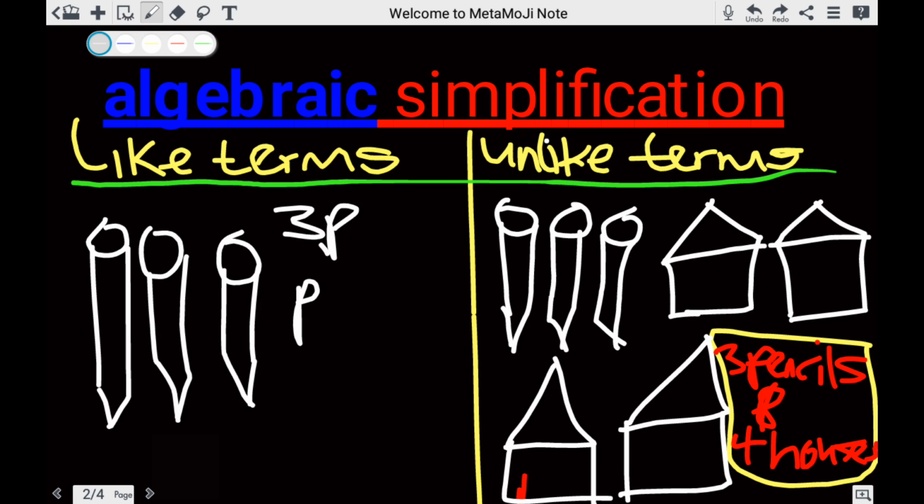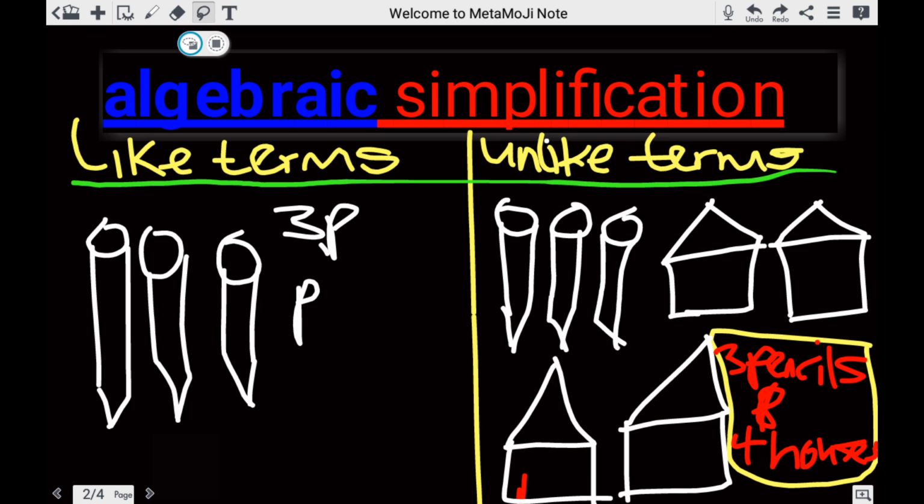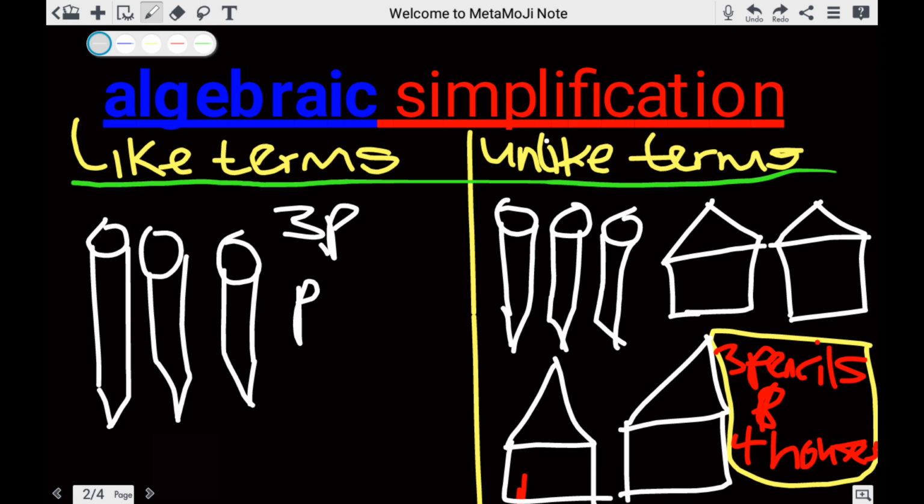That won't be sensible. Hopefully this introduction has helped you to understand like terms and non-like terms slightly. So we can say 3 pencils and 4 houses in this section here.